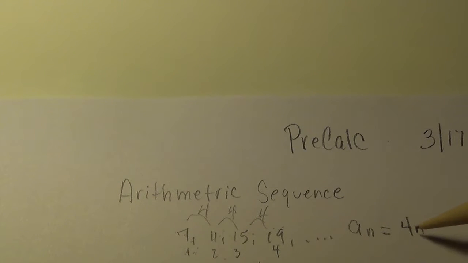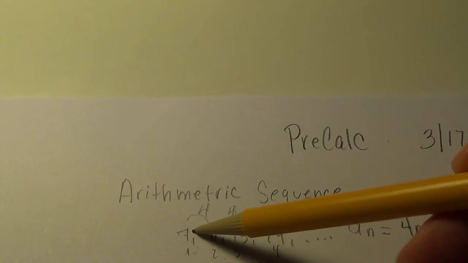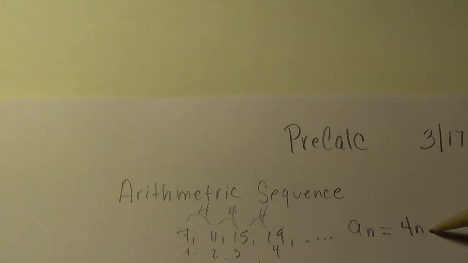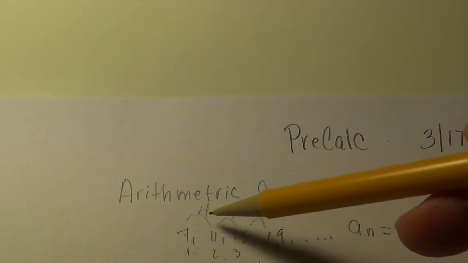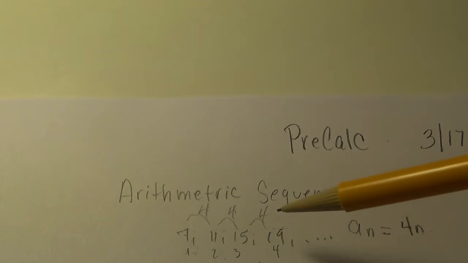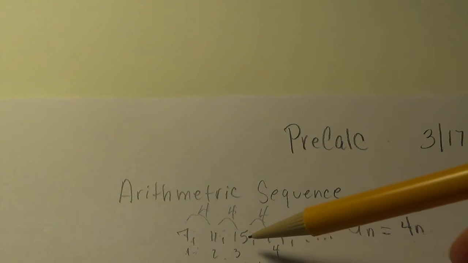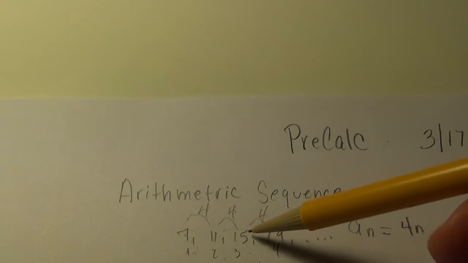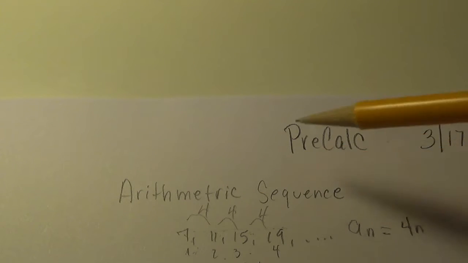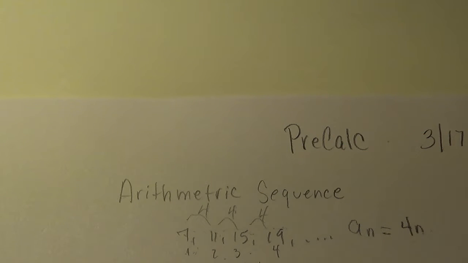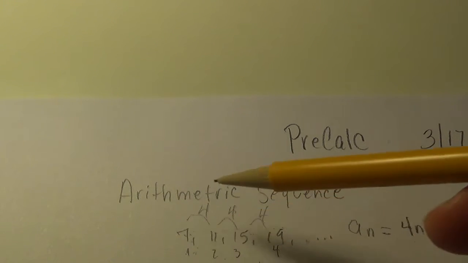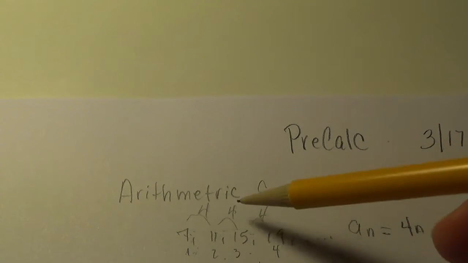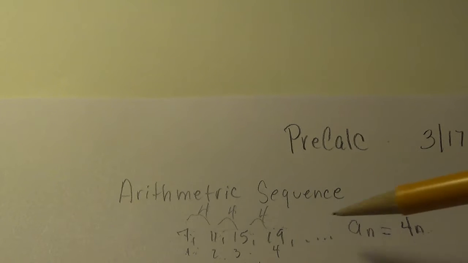So we put 1 into this and we get 4. And then we put 2 into this and we get 8. Do you see each time that our sequence is 3 off? So we put 3 into that, we get 12.